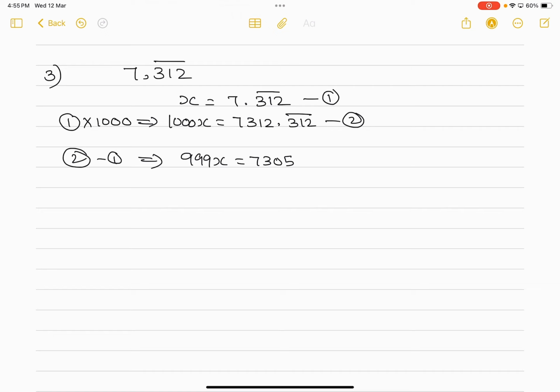Subtract separately, write and subtract. 7312 minus 7.